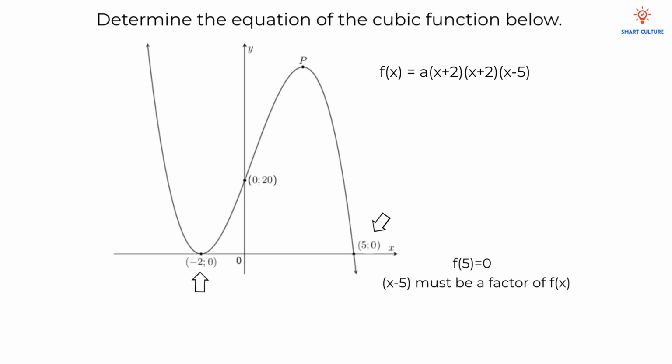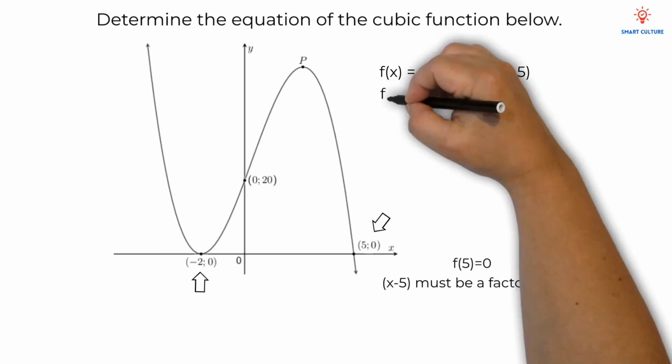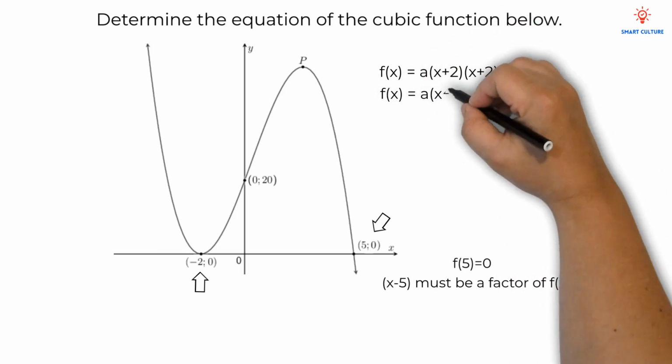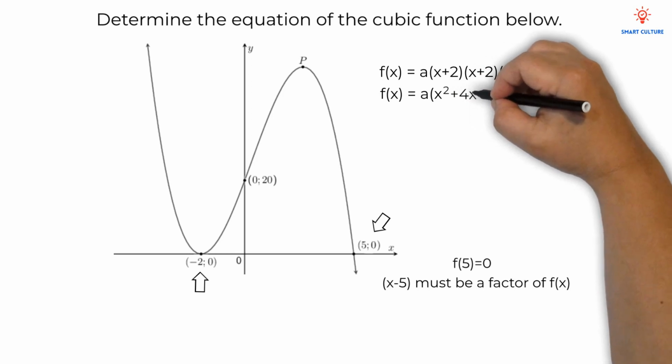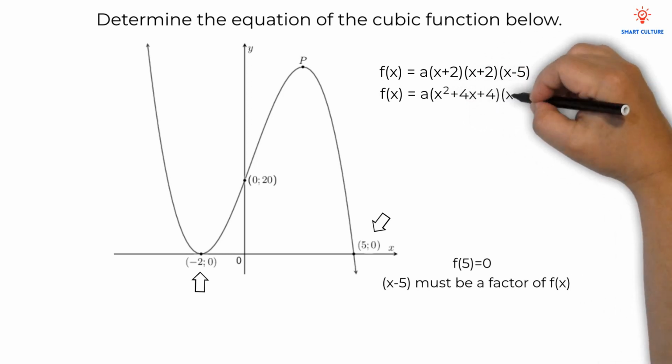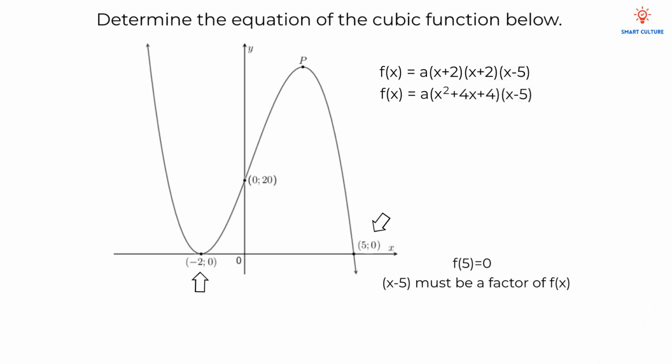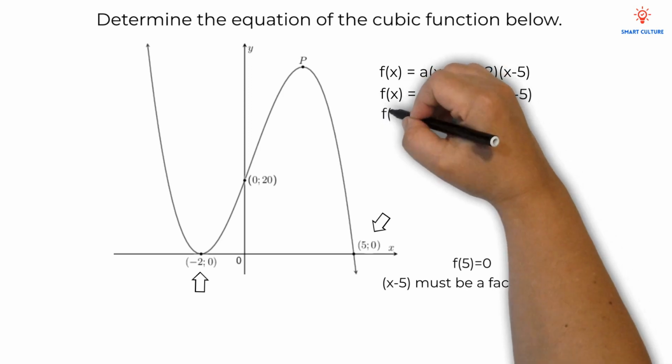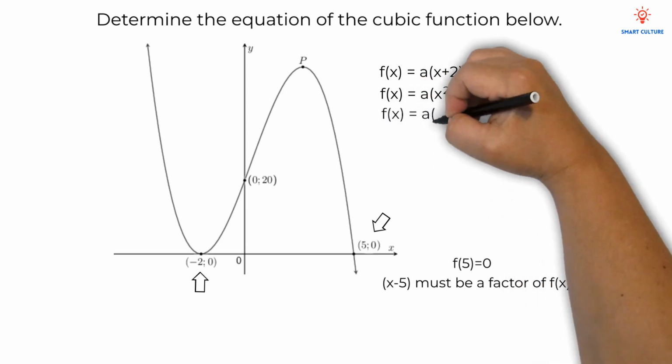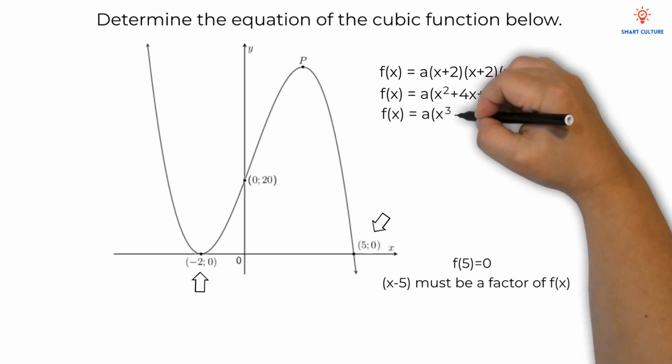Now let's multiply these two factors, x + 2 and x + 2. Then we get a trinomial, x² + 4x + 4. And then we multiply this with x - 5. And then we get x³ - x² - 16x - 20.